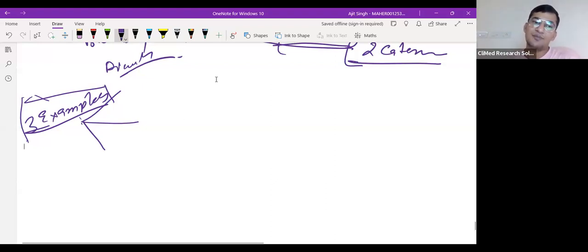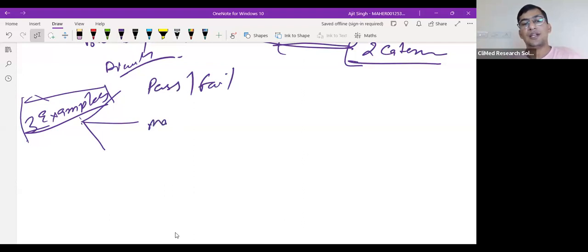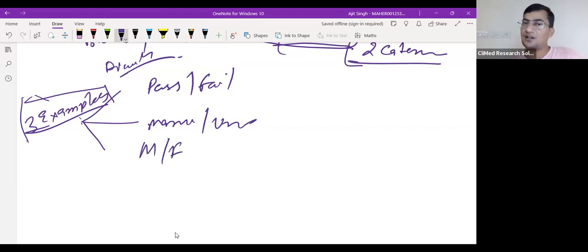So give me the three examples of binary data, guys. Oh, nobody is writing here. Come on. Smoking, non-smoking, married, unmarried, pass, fail. Yes, correct. Male, female, absolutely. Married or unmarried. If we are dividing gender into only two, male or female. Pass or fail.